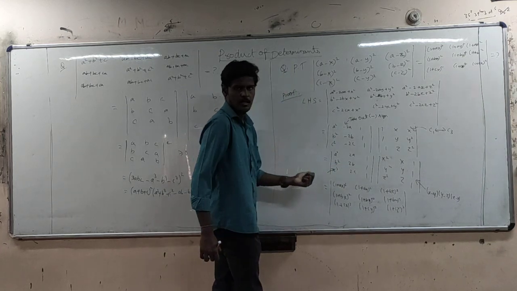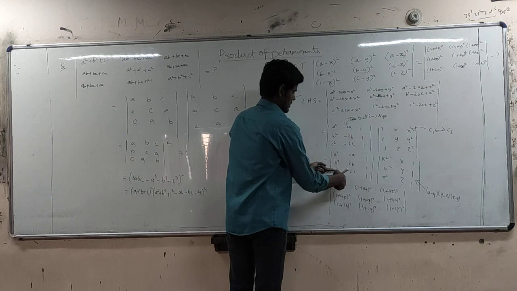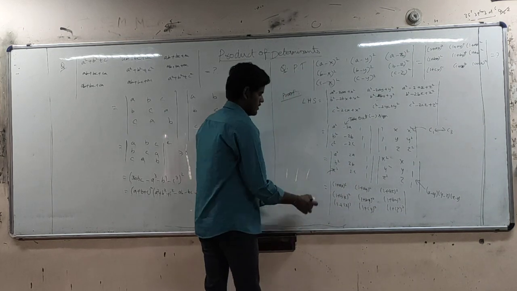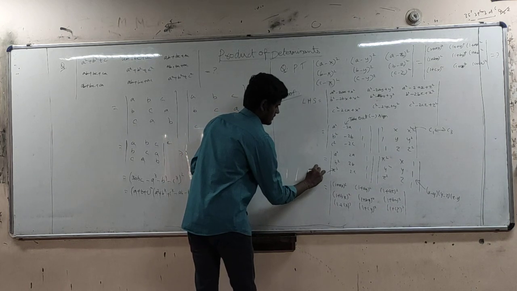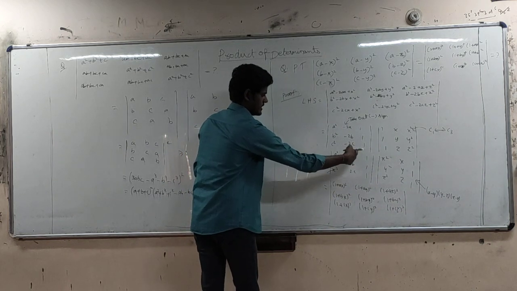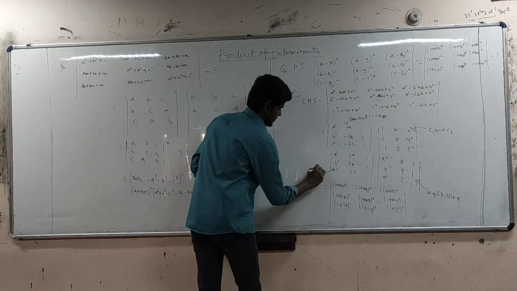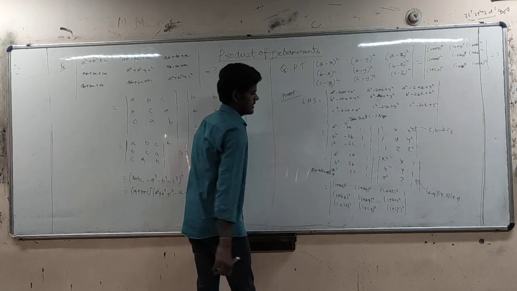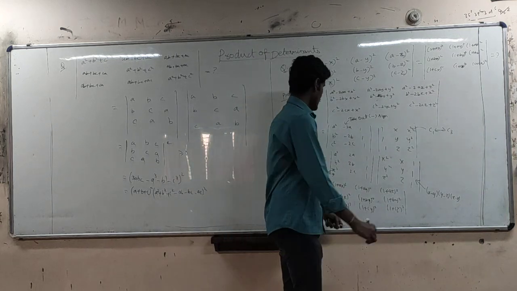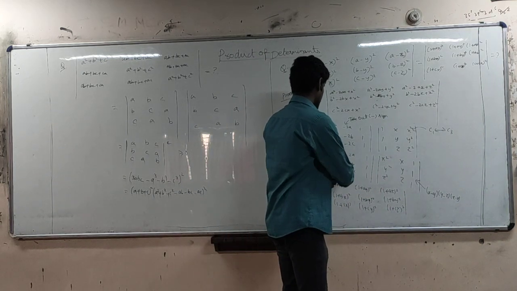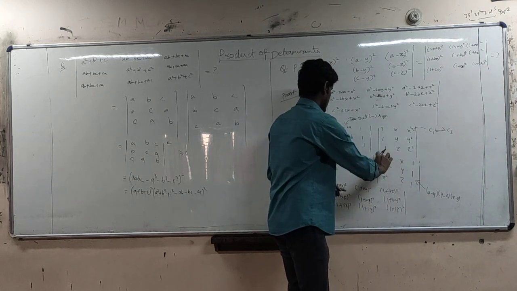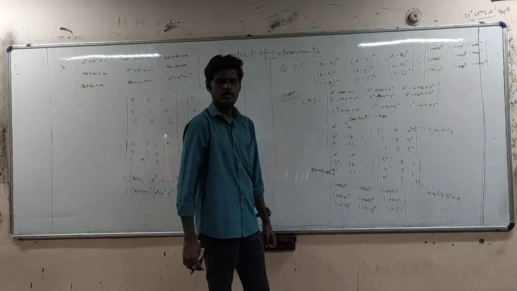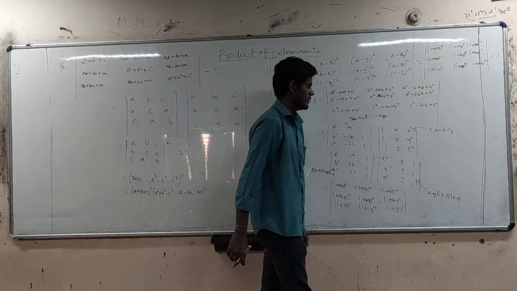Take 2 outside, and again change this. So we have 2 times (a minus b)(b minus c)(c minus a). And we have a minus here, so when interchanging, that will be cancelled. So I am not writing minus here, right?